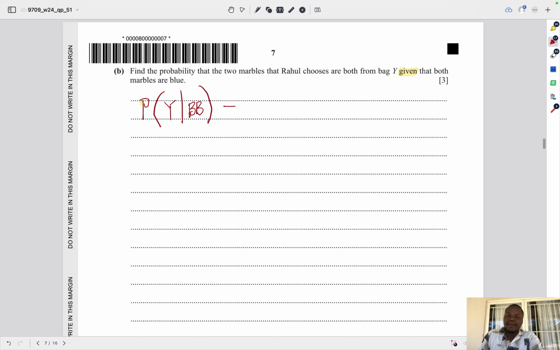Now if you remember, this means the probability that the ball is from bag Y and its intersection is actually blue, over the condition probability that the balls are all blue. So the condition is that the 2 balls are blue. So the probability that the chosen balls are from bag Y given they are blue means probability of Y intersection blue blue, over the condition that is given. This is how we did the notes.